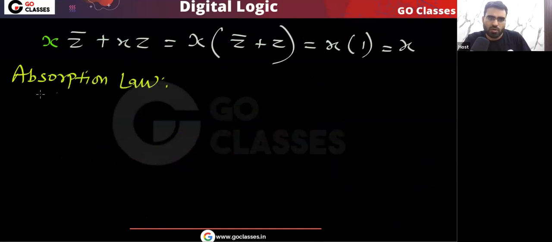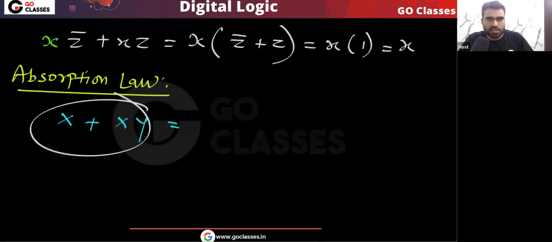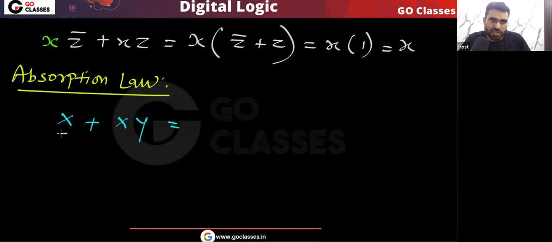What is absorption law? This absorption law basically says that if you have x or xy, then you can simply write it as x.